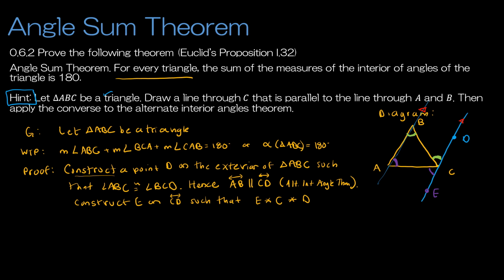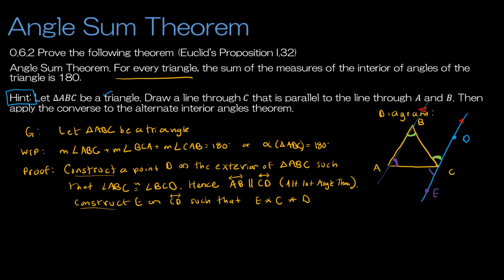Because you have to assume that the person reading your proof is not looking at your diagram. Anything you put in the diagram, you need to be very specific about in your proof. So I'm constructing point E such that ECD is basically the order of the points on the line. Now, again, that was a construct, so I don't have to give a reason for that.